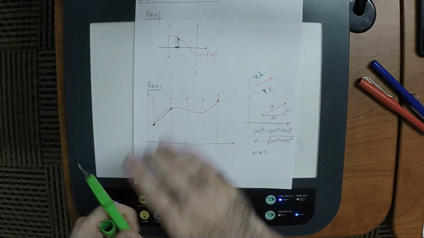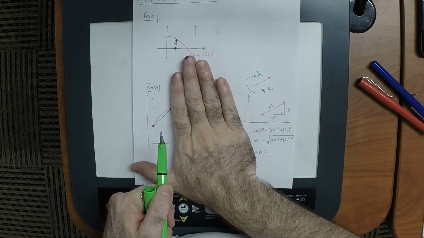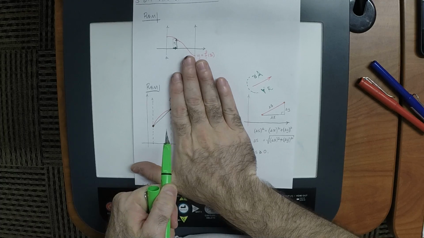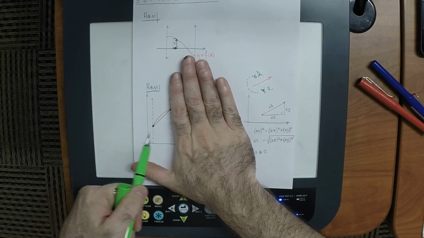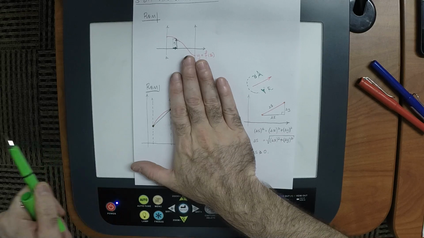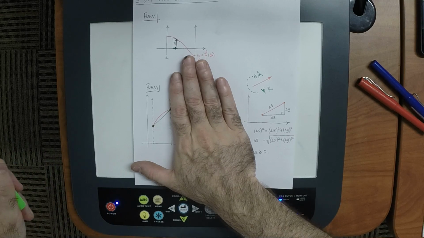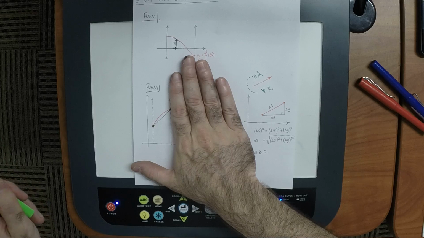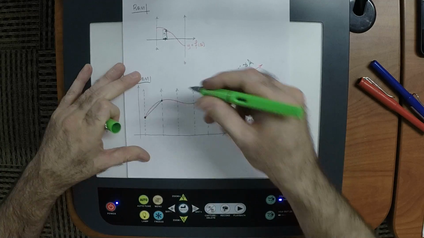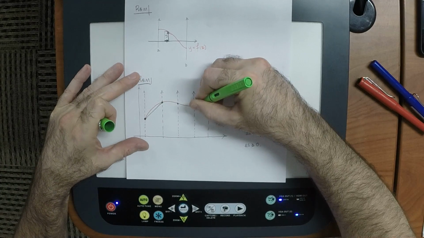Now, ignoring all the other stuff and just looking at this part, can you see in the first place that the green is not exactly the red as far as length is concerned? But it's close. But it's not exact. Similarly, we can do this for the rest of them.